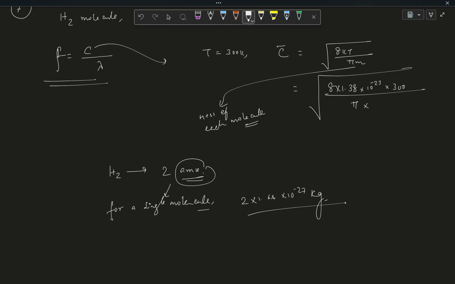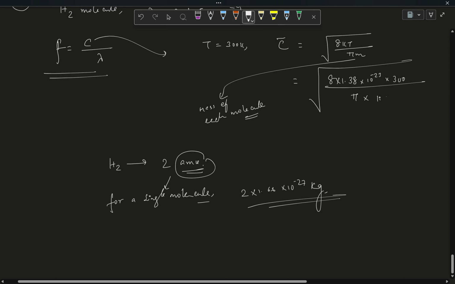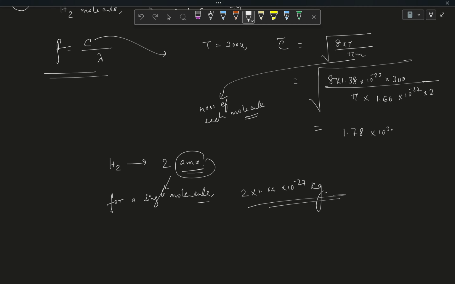Instead of gram we write in kg, so this is 10 to the power minus 27 kg. So you have pi into 1.66 into 10 to the power of minus 27 into 2. If you calculate, you will get 1.78 into 10 to the power 3 meter per second.